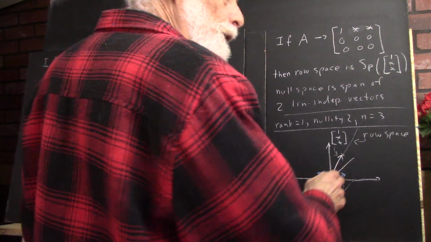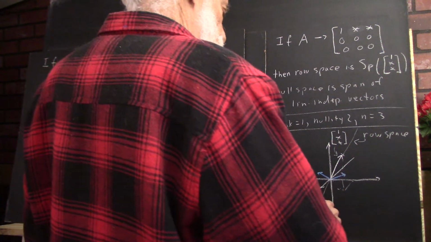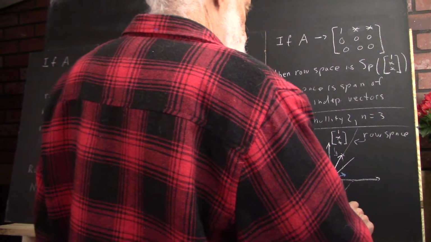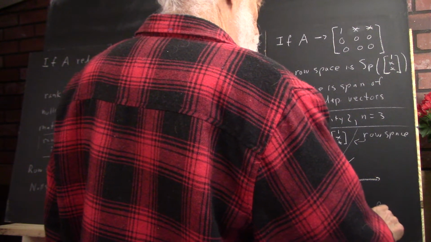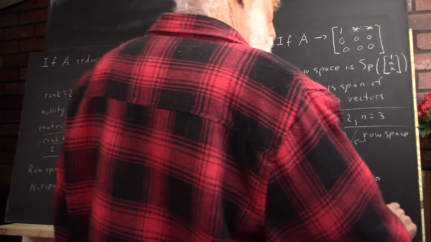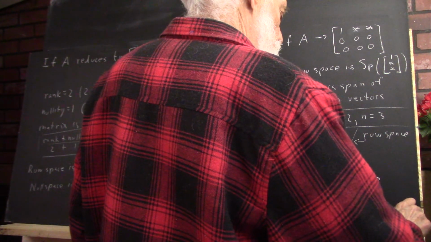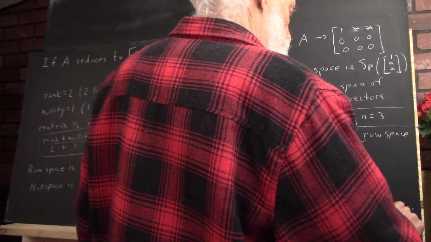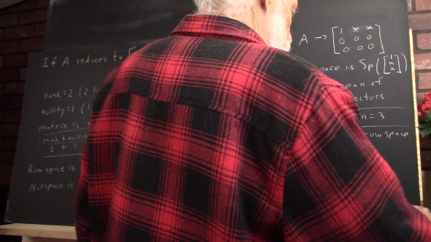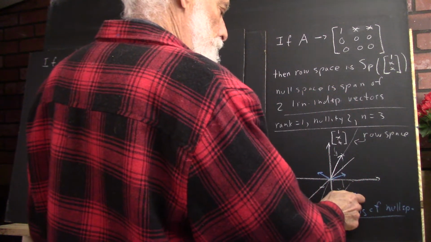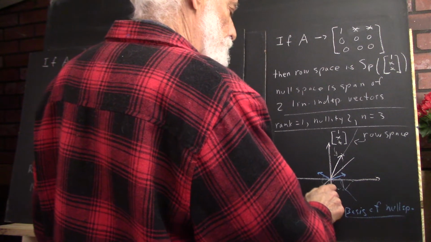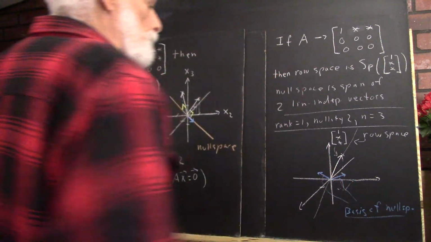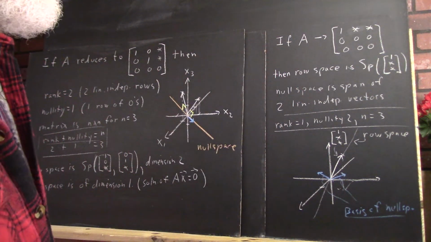So these 2 vectors are the basis of the null space. And abbreviate that. Okay. This vector and this vector form the basis of your null space.